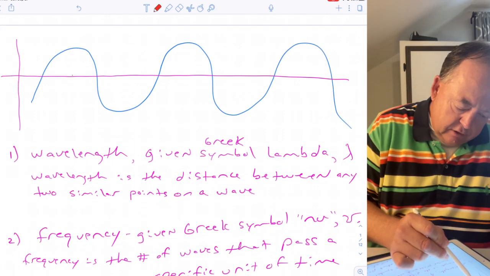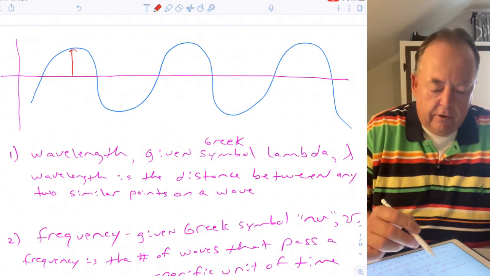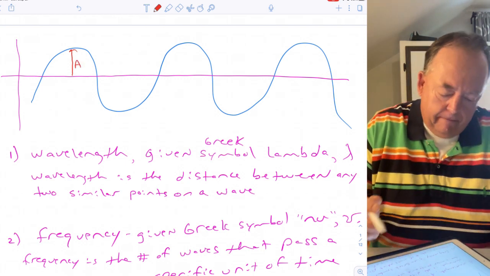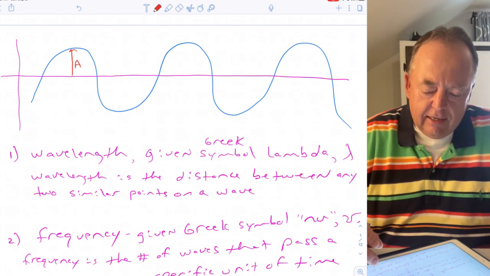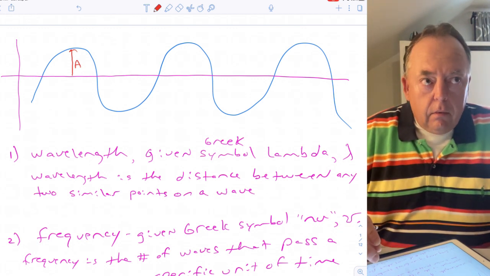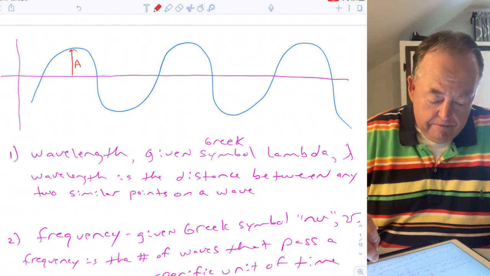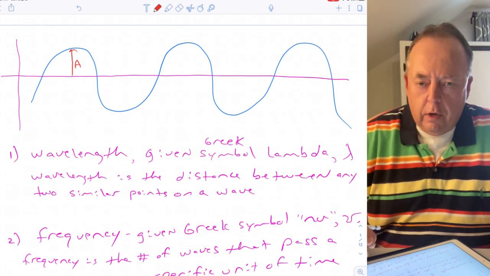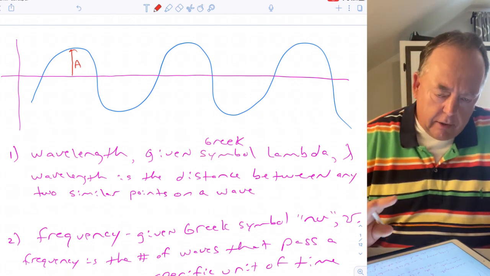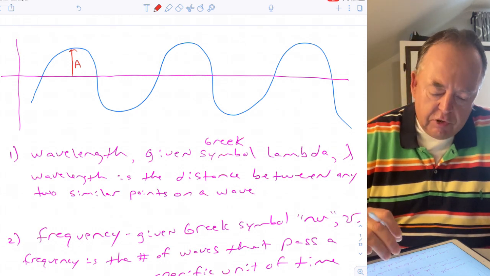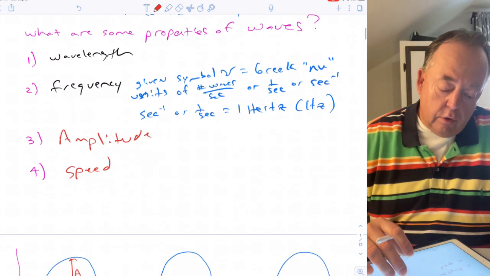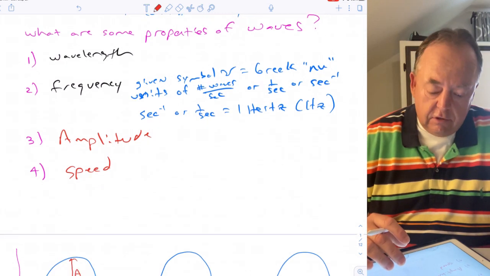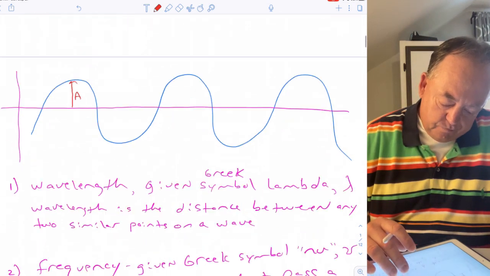It would be measured, for example, from half height, so that would be its amplitude. We're not going to worry about amplitude in this class. If you take a physics class, probably physics 2, then you'll study waves in that class and you probably have to worry about amplitude there, but you don't have to worry about amplitude in this class. We're just primarily going to deal with the wavelength and the frequency and the speed.